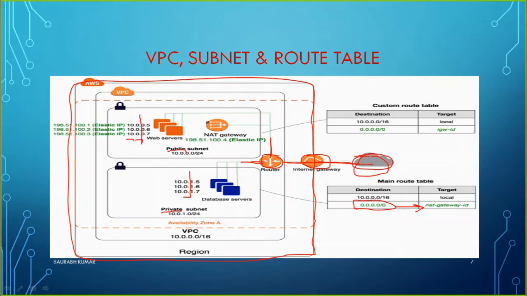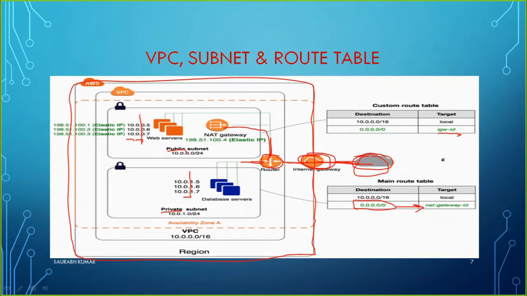Now it reaches the NAT gateway, and from the NAT gateway it will be routed to the router, because here it is given that 0.0.0.0/0 goes to the internet gateway ID. This device is connected to the internet, so all of the resources will be able to reach the internet.